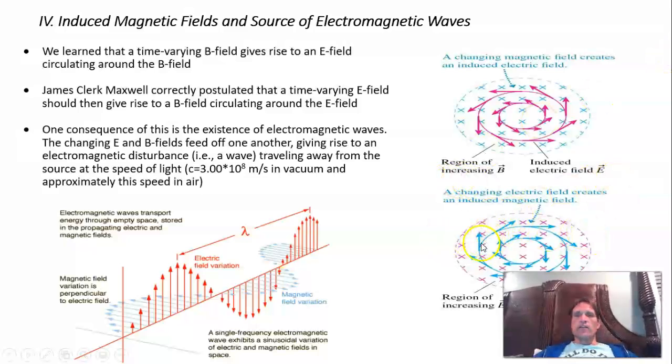In his case, it was not to oppose the change in flux, so there wasn't a minus sign, and so this went in the other direction. But he still postulated that the time-varying electric field could also produce a magnetic field. And it turns out that Maxwell was right.